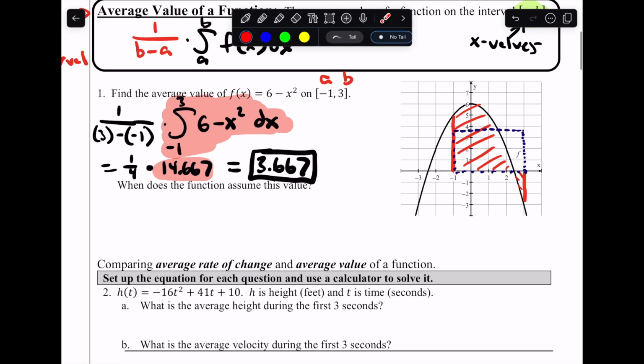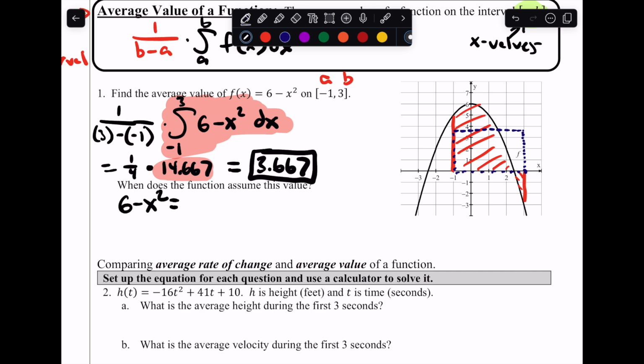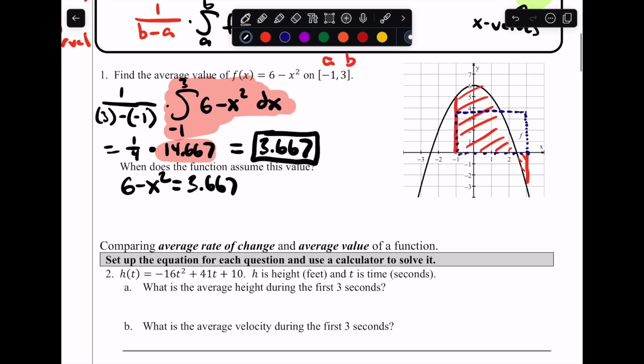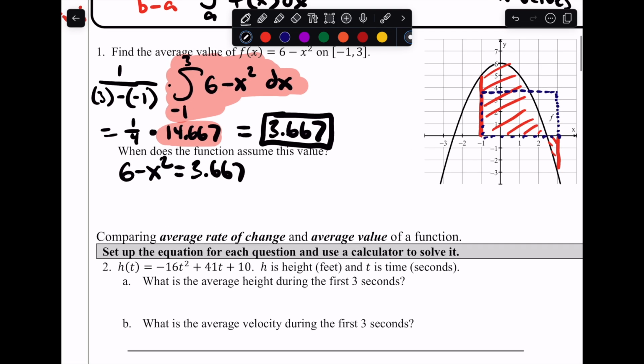The second part of this question, though, is asking us, when does the function assume this value? That's going to be when the actual output of the function equals this 3.667. So in order to solve for that, we're going to set our f of x, that's 6 minus x squared, equal to that 3.667. And we're going to solve using algebra in this case. So we would want to subtract 6 from each side of our equation.